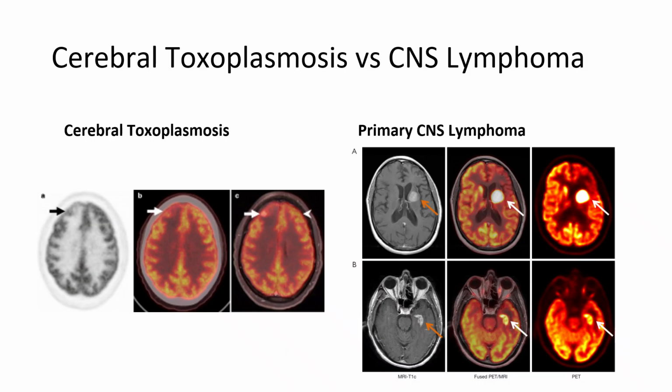One thing that is important to note here is when we're trying to distinguish between infection and oncology with FDG, this is where looking at the SUV values is very helpful.